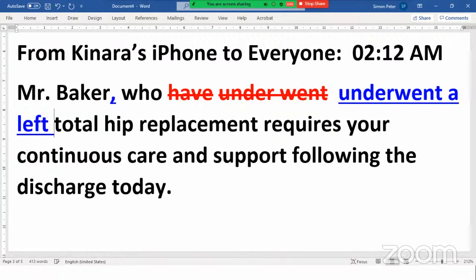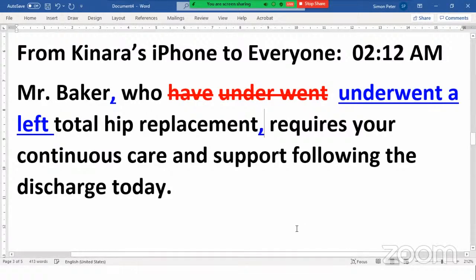Left total hip replacement, comma. Mr. Baker, who underwent a left total hip replacement, requires continuing care. Your is understood because you are writing to them only.